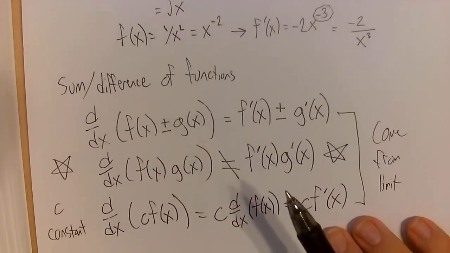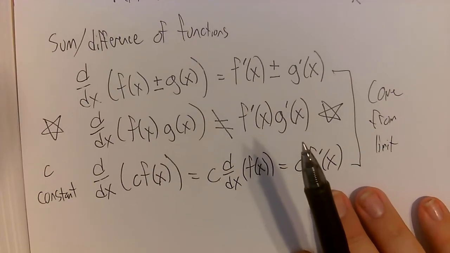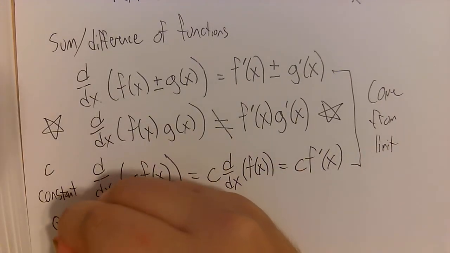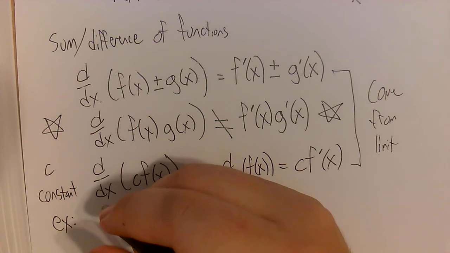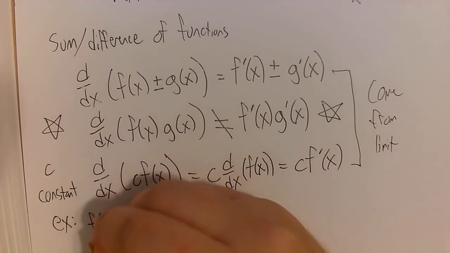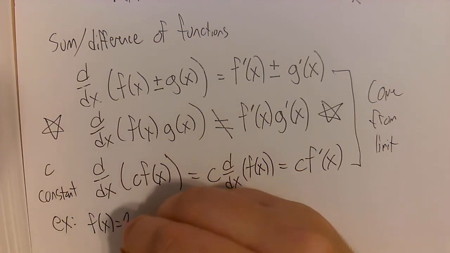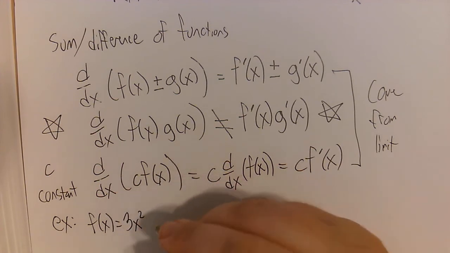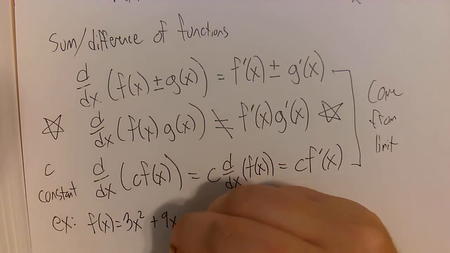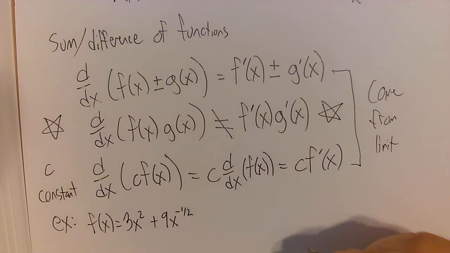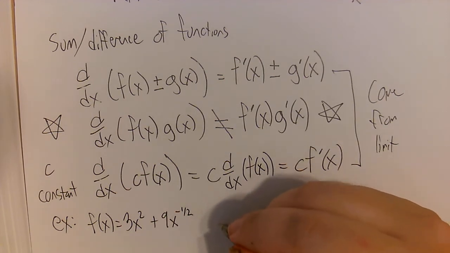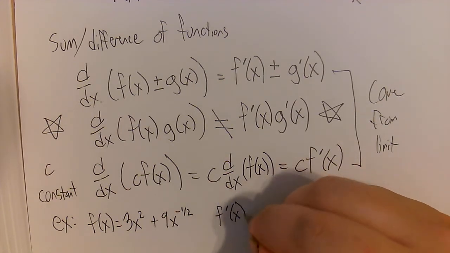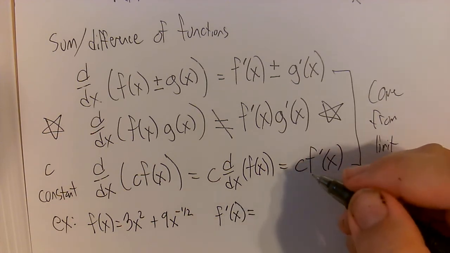Okay, so let me give you an example or two of these, using these rules. Let's suppose that our function is 3x squared plus 9x to the negative 1/2. And our goal is to find f prime of x. All right, so what would that be?